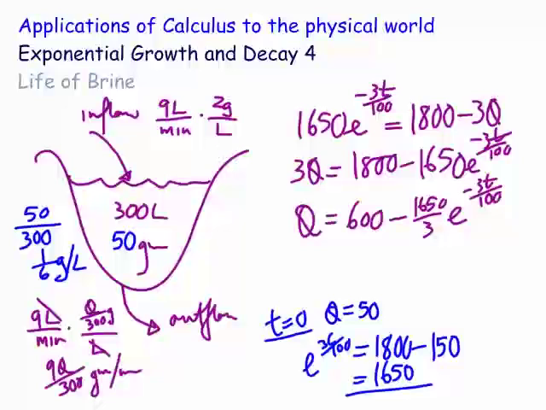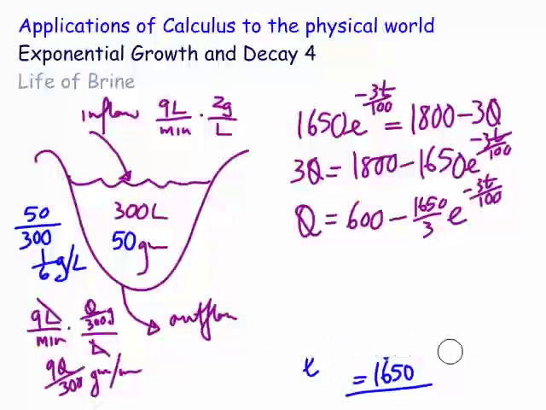Now, you might remember we were after a time when there was about 200 grams of salt. There's 50 grams to start with, so it's obviously going to increase over time. Let's try and solve that now. We want the time when the quantity of salt in this big vat is 200.